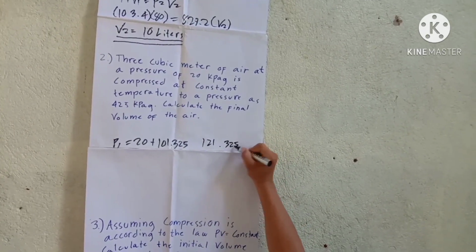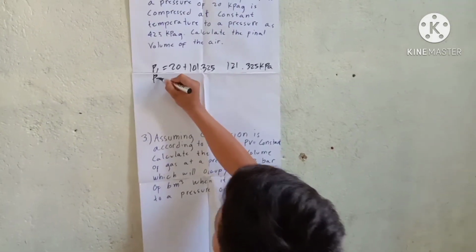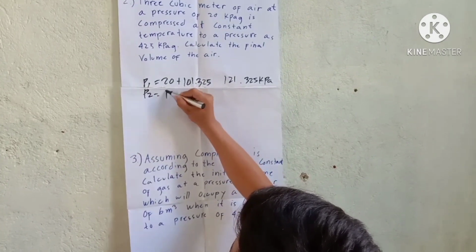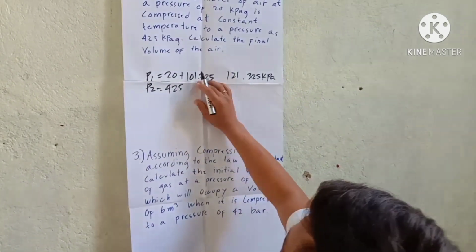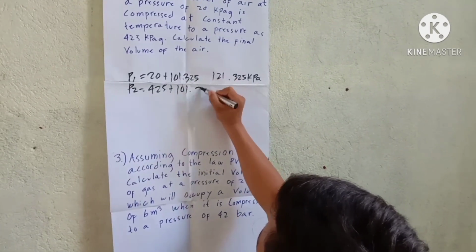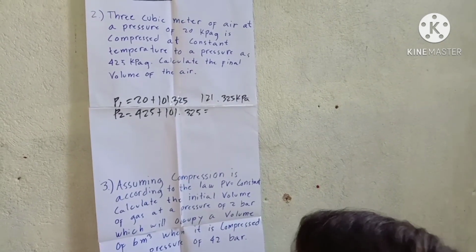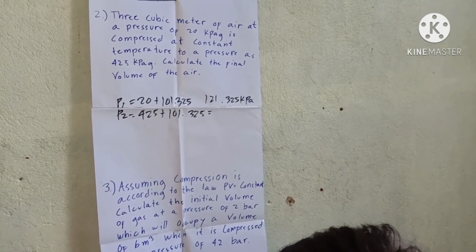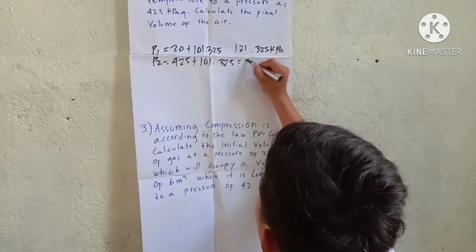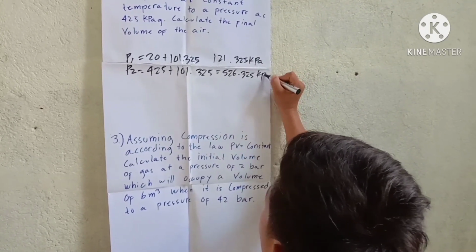121.325 kPa. Then pressure 2 is 425 kPa gauge, so it equals 425 kPa plus the atmospheric pressure, 101.325 kPa, equals 526.325 kPa.